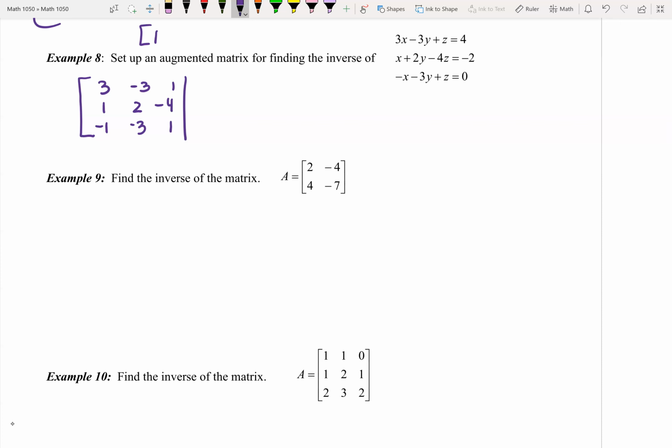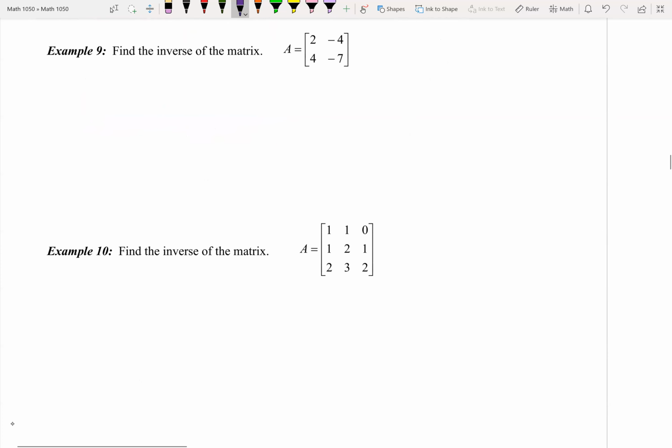Remember, to find an inverse, you put A on the left and the identity on the right. So then over here you just put the identity, and that's your setup. How awesome if we had a question like that on a final. Literally we're done. That's all you have to do.